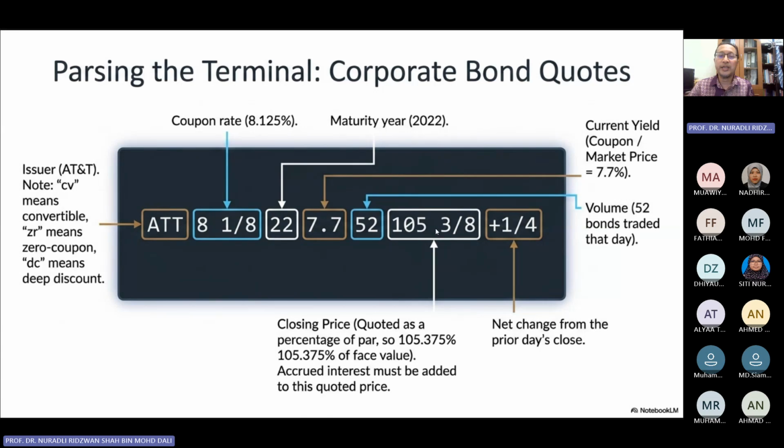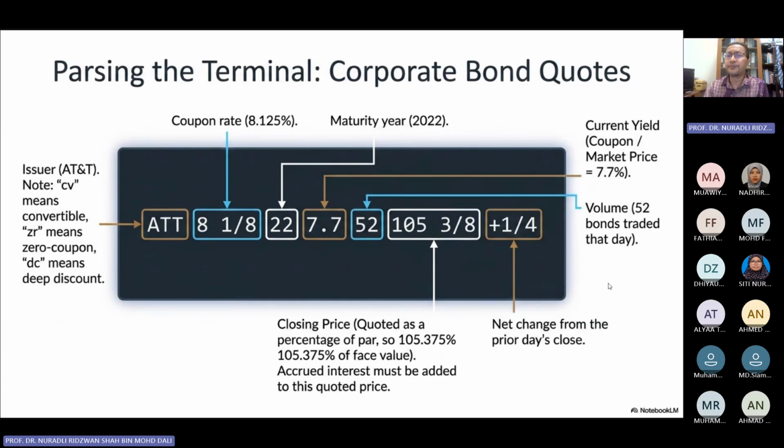This is the closing price, which is 105.375% of the face value. Face value might be 100. Then the net change from the prior day close is an increase of 1/4.